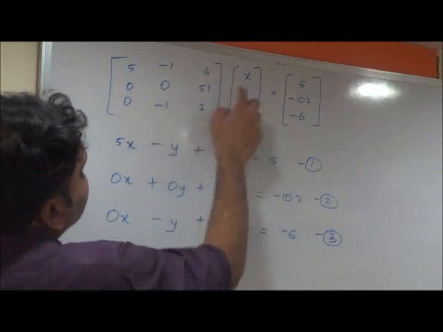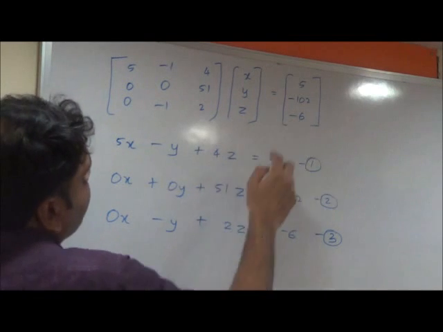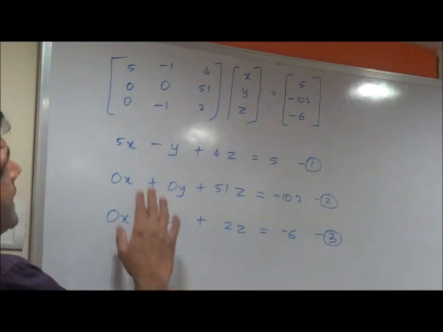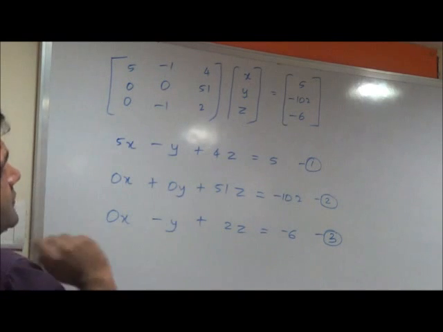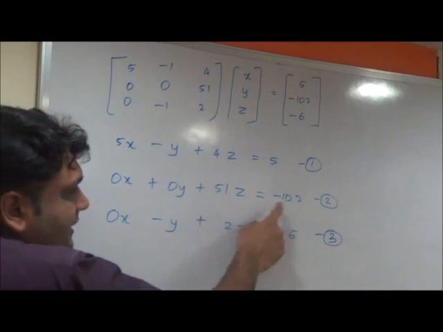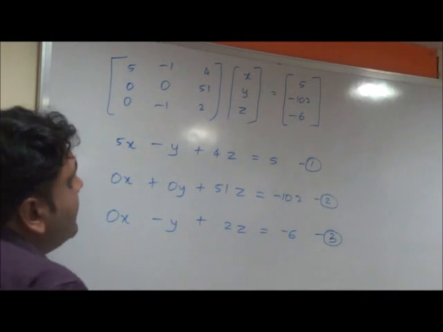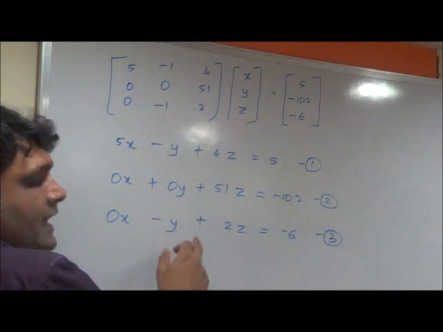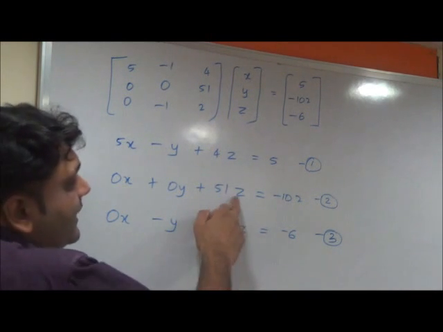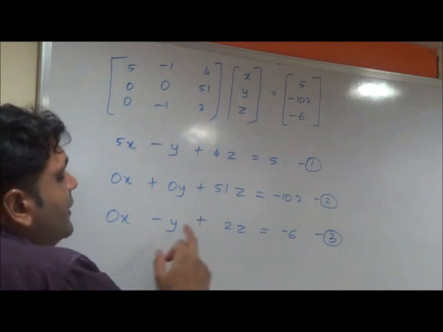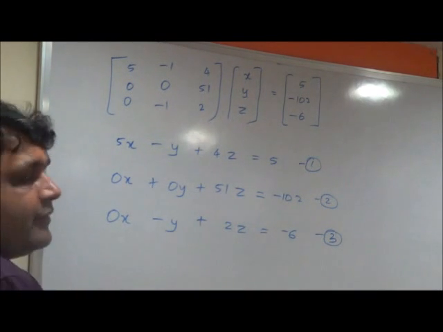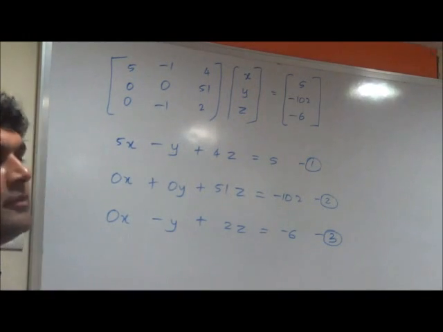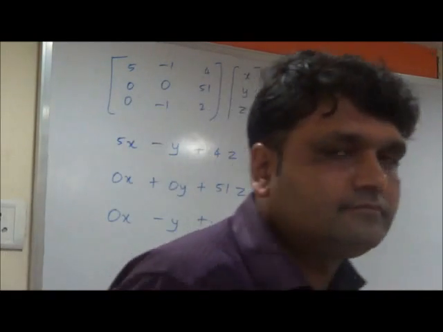Then 0x minus y plus 2z equal to minus 6. 3 equations I have got. If you observe the second equation where we had 2 zeros, we get z directly. 51z is minus 102, get z directly. If you look at the third equation, it has 1 zero, y and z are the variables in the third equation. Z you have obtained from the second equation, substitute and get y from the third equation. Once you get y and z, substitute in the first equation, get x. That's the logic behind the reduction method.